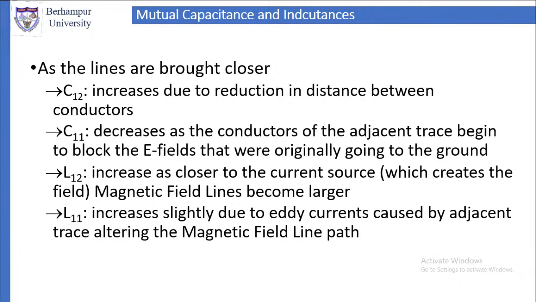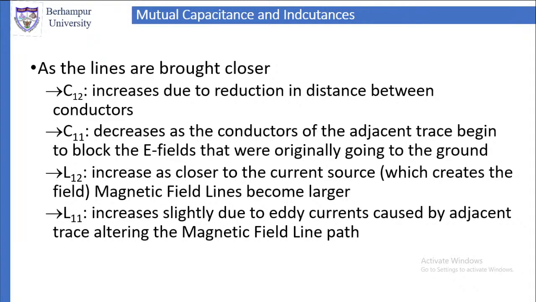What happens to C11, the self-capacitance? The self-capacitance will decrease. Why will it decrease? Because we have two conductors nearby. When we are considering the first conductor, the second or adjacent conductor is trying to block the electric field coming from the first conductor.